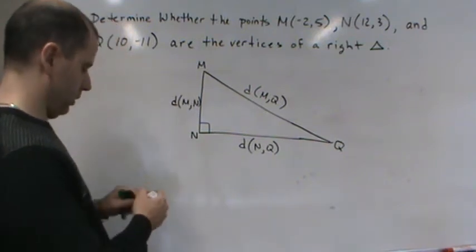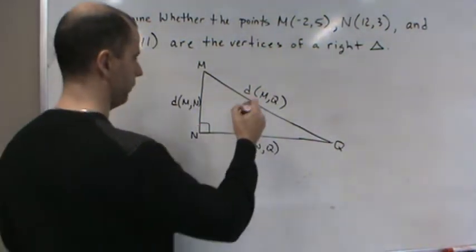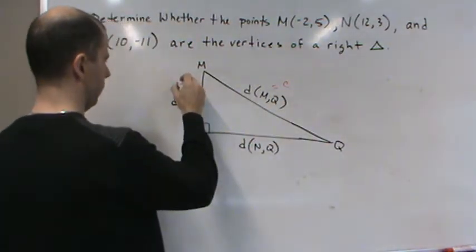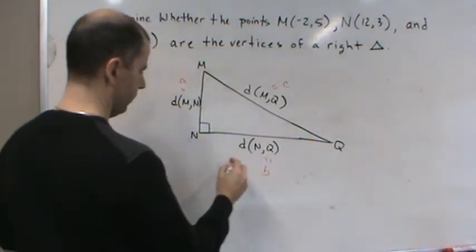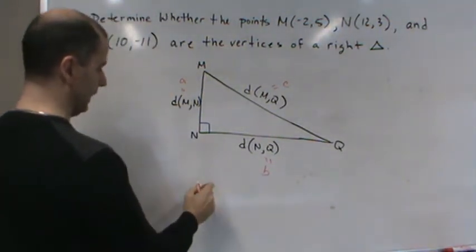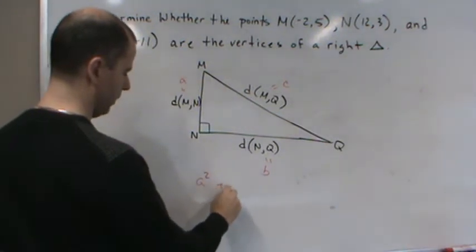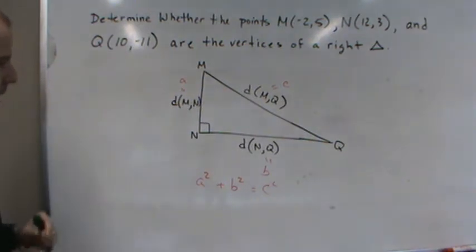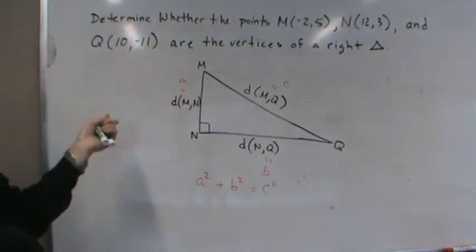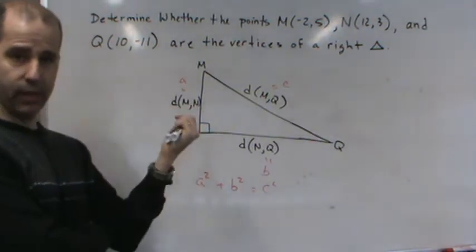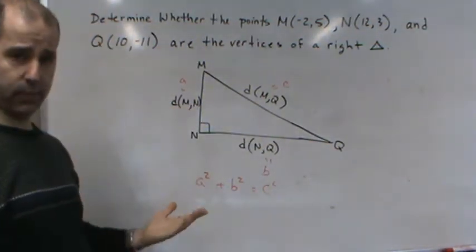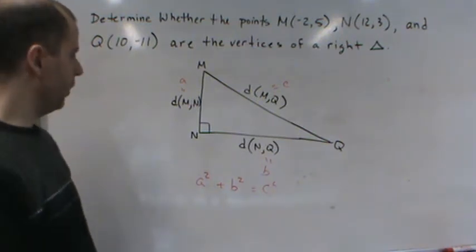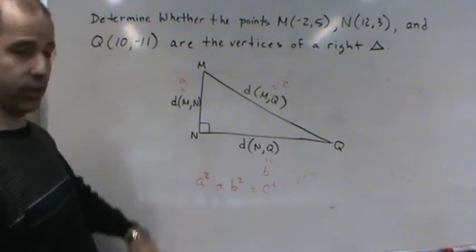So in other words, I would have to see if a squared plus b squared equals c squared. And if I can show that that holds, then it has to be a right triangle. These 3 points would have to lie as vertices of a right triangle. So that's the idea behind how we're going to show this.